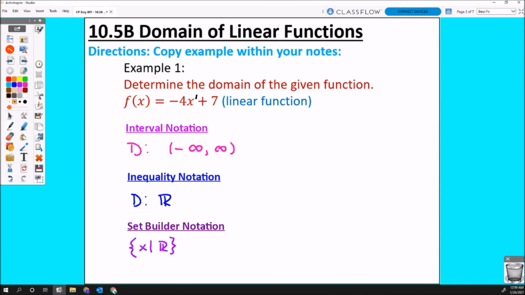So that's a quadratic type, not a linear type. But for a linear function, you have an exponent of 1 where the x is not in the denominator, but in the numerator. Then basically the answer for domain is negative infinity to infinity for interval notation. For inequality, all real numbers, and then this would be your solution for set builder notation.